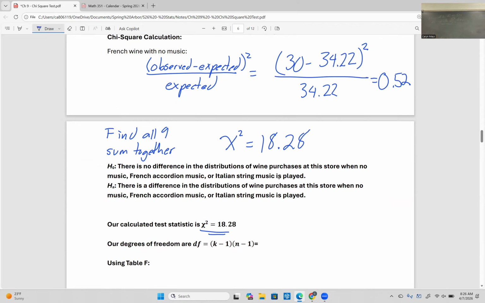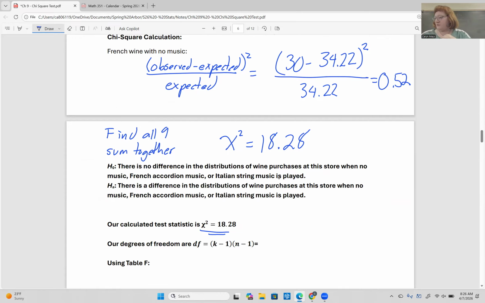So this is one where, again, we needed degrees of freedom. I have the formula there. We used row R and C before. Here it uses K and N. But either way, it's the number of rows minus 1, times the number of columns minus 1.